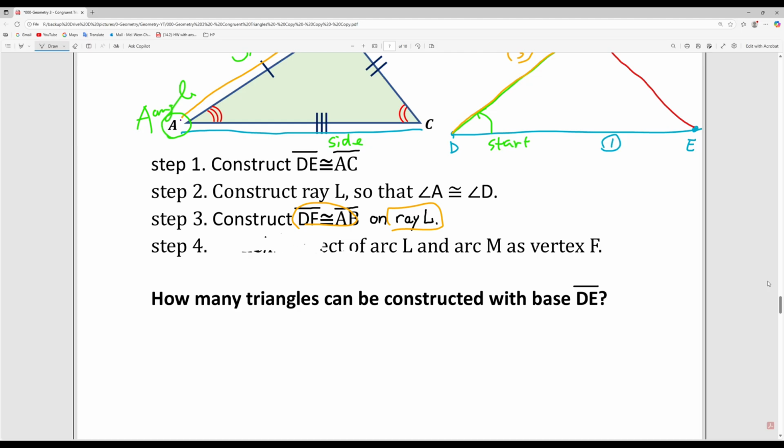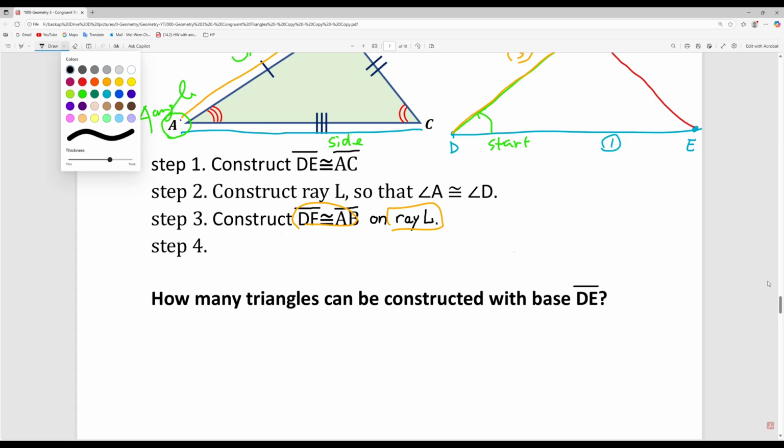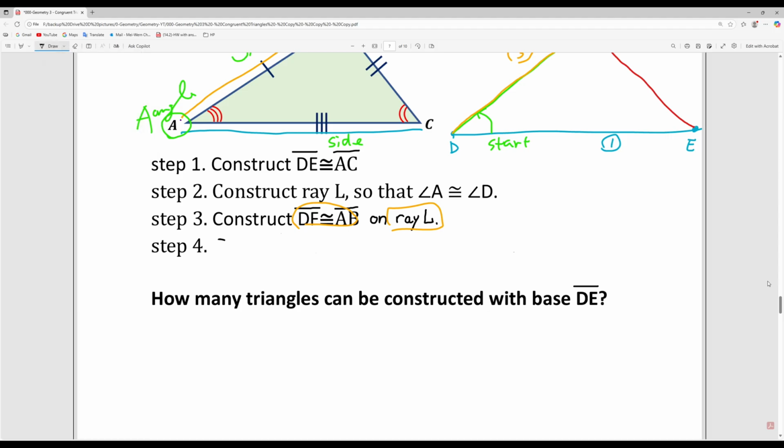That's the something I covered before. Okay. So in the end, you only have two connect. Connect EF. Then you are done.